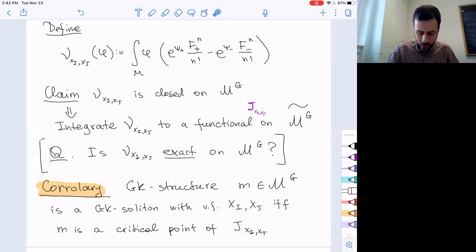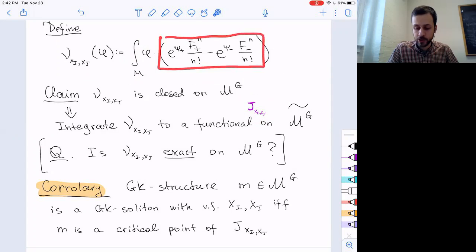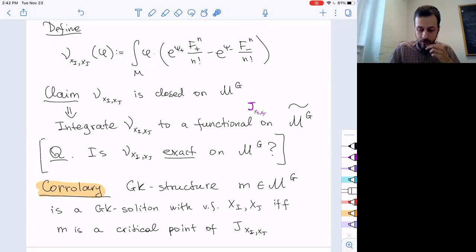Well, it's true because this functional has a critical point if and only if its variation vanishes. And this quantity vanishes for any G-invariant smooth function phi if and only if this volume form actually vanishes. So in general, you need to test it against all smooth functions, but because this form is also G-invariant, it's enough to test it only against G-invariant functions.